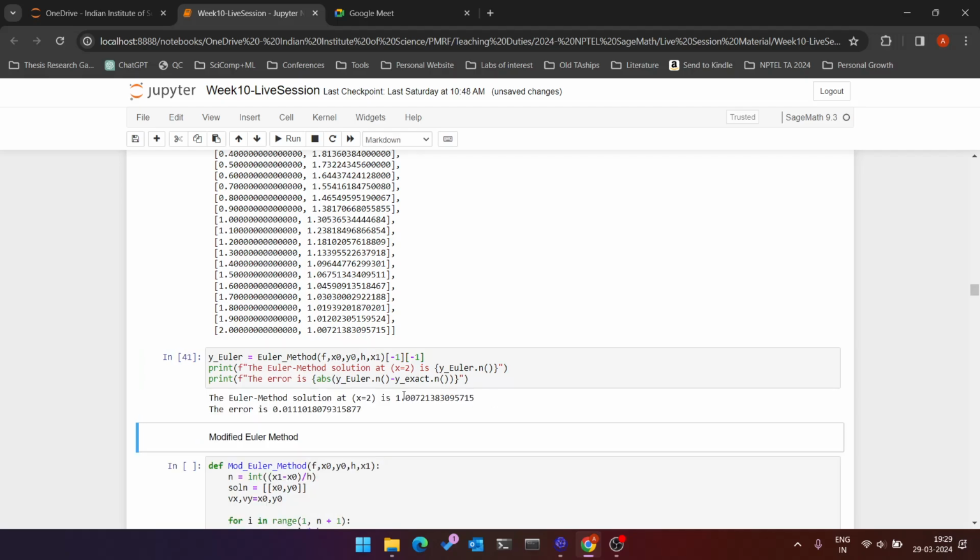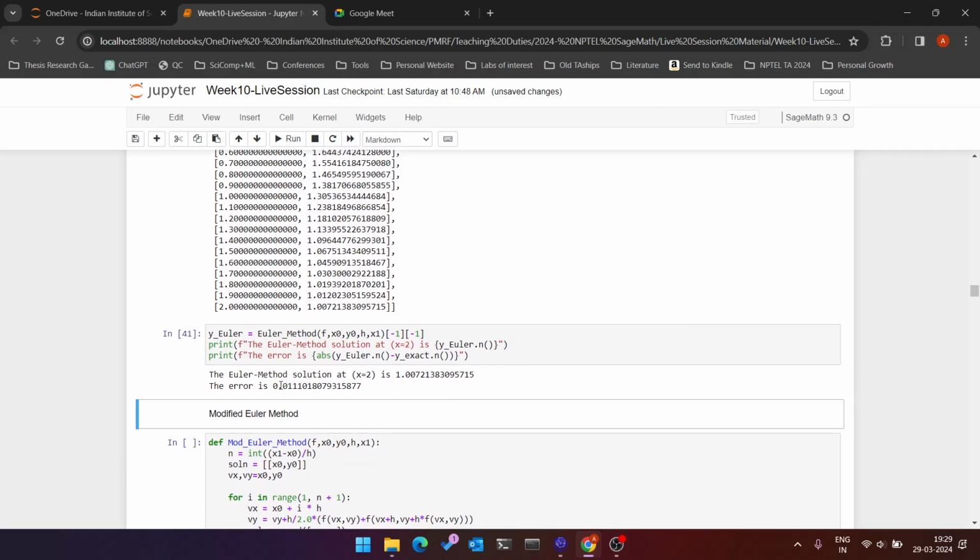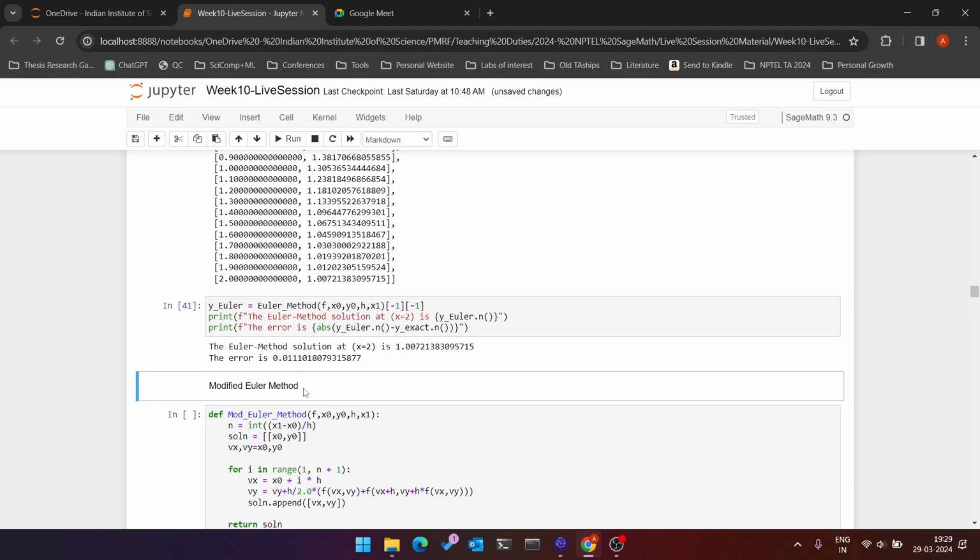So I'll just be printing this value using Euler method, and the error turns out to be 0.01. Okay, so this is how this looks.